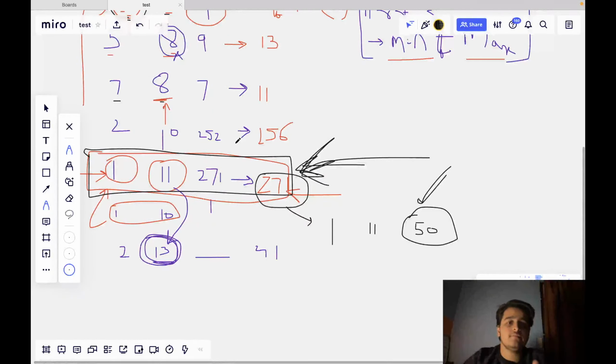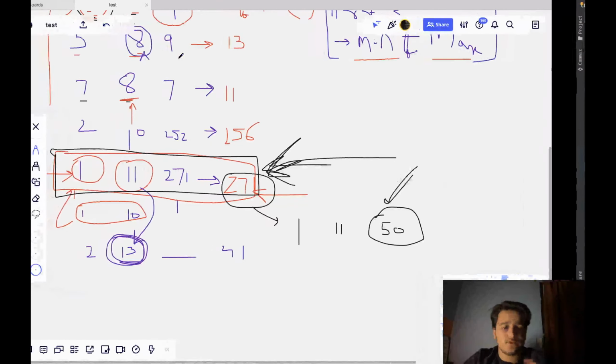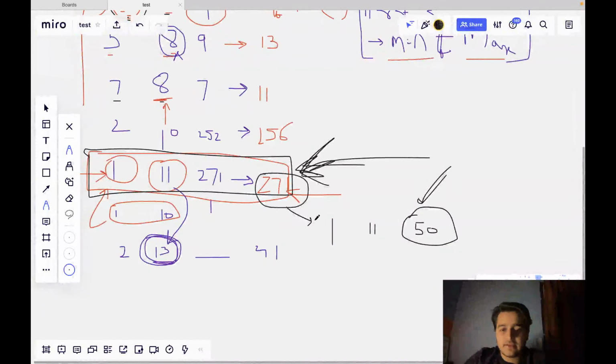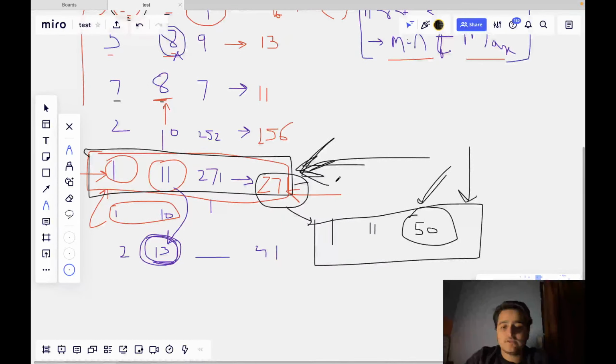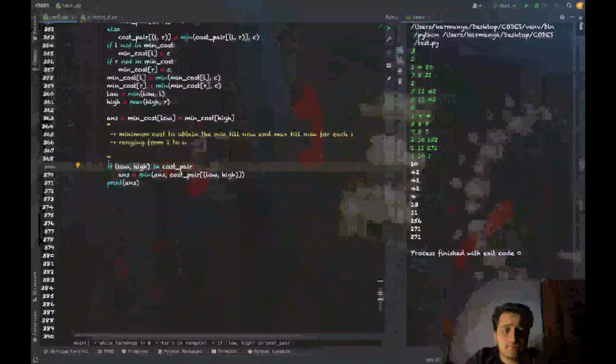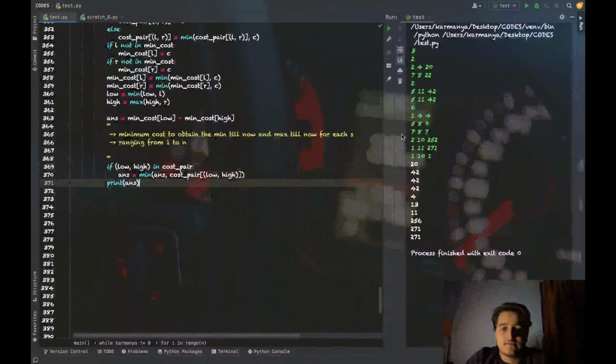So I have taken the minimum of the two, or any other case, because there can be this segment also, 1 to 11, which has a cost of 50. So I have to just compare these two costs also, right? This is what I have done here, and I just print the answer.